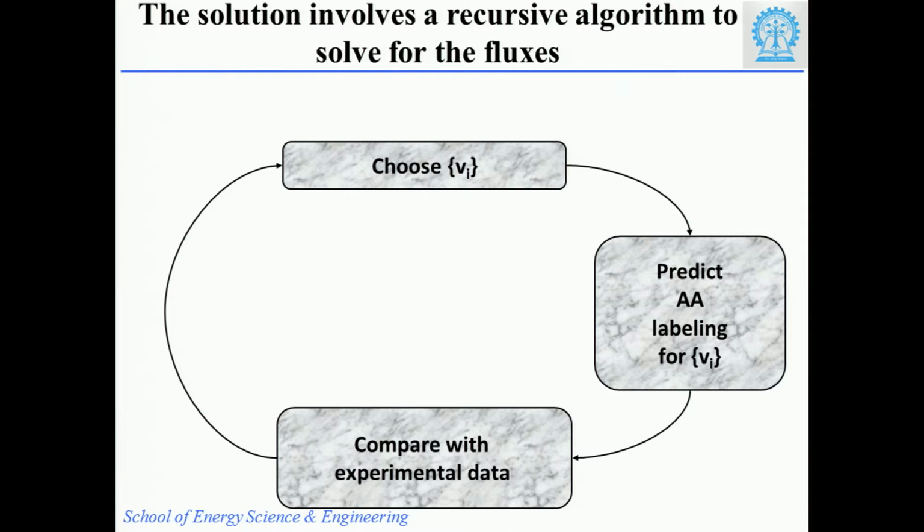Because the fluxes you consider are not accurate. You have just defined a random distribution, you do not know the exact fluxes. So, this is a recursive procedure where you choose a flux distribution, predict the amino acid labeling, and then compare with the experimental data, and when the fitting is good, that is where you stop.